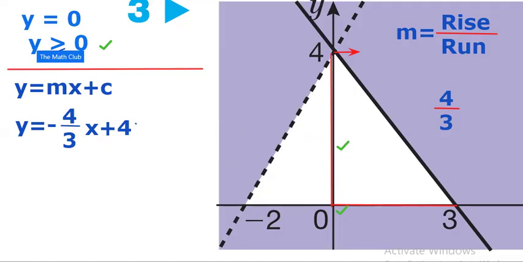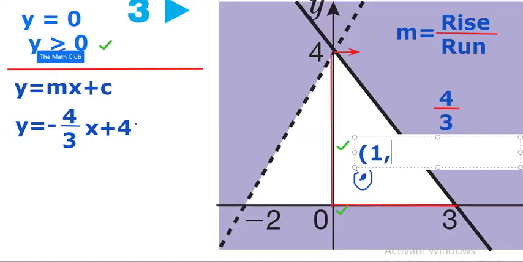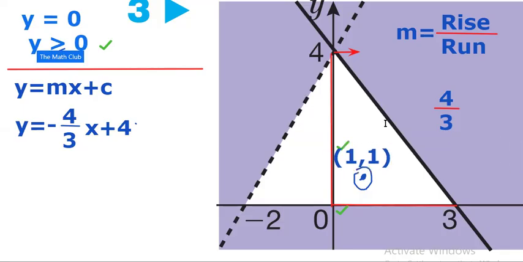Or you can use the point checking method. For example, one of the points is here, this point is 1. I can use it to check any regions. I can use it to check both lines, this line and this line.